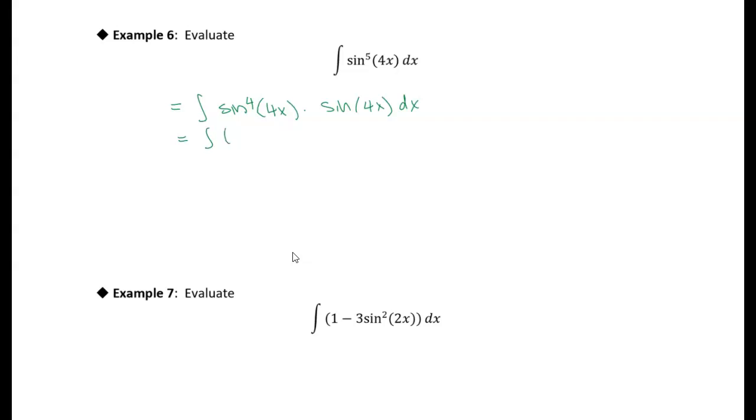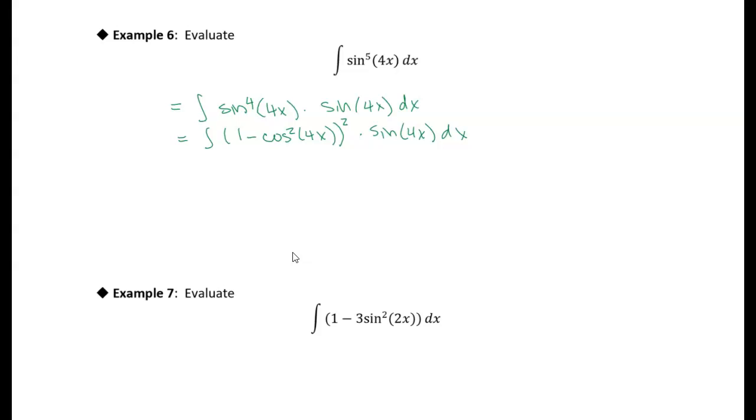I'm going to say this is 1 minus cosine squared of 4x, and then that whole thing is squared, and then times sine of 4x dx.